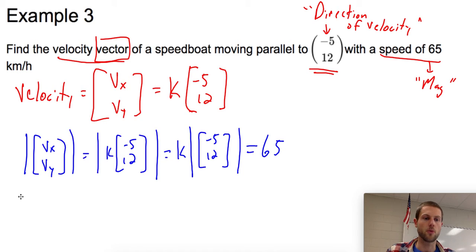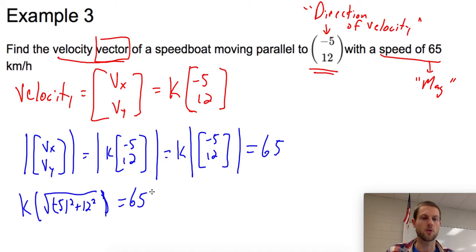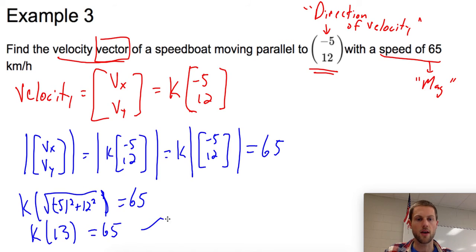So basically, this boils down to k times the magnitude of this vector, which is the square root of negative 5 squared plus 12 squared, is going to equal 65. So the magnitude of this should equal the magnitude of my velocity. This whole square root comes out to be 13, and that should equal 65. So if you do a little bit of algebra here, we find that k equals 5.